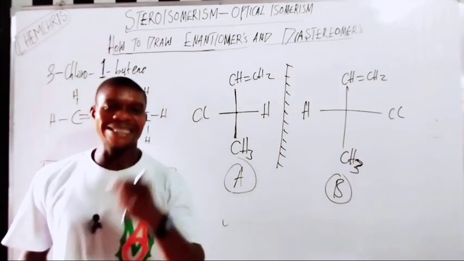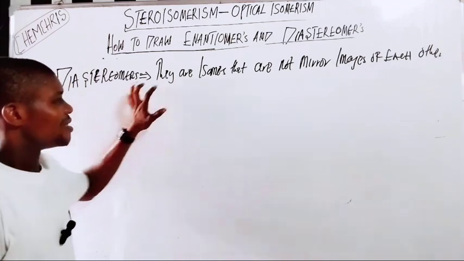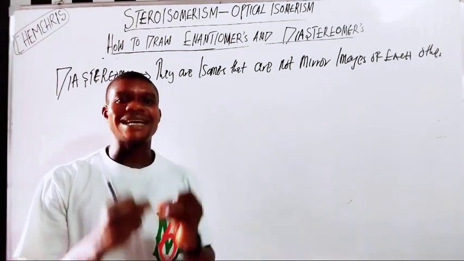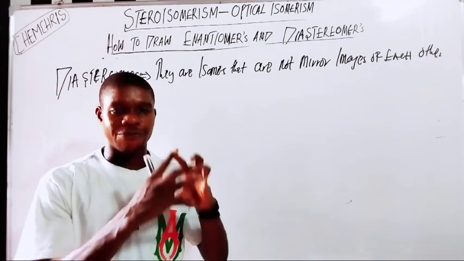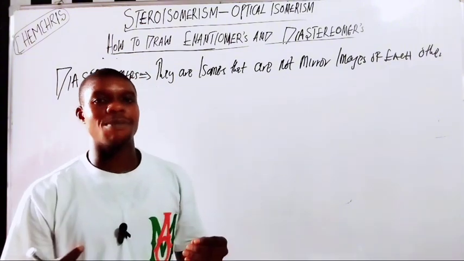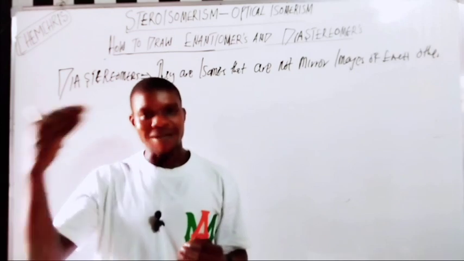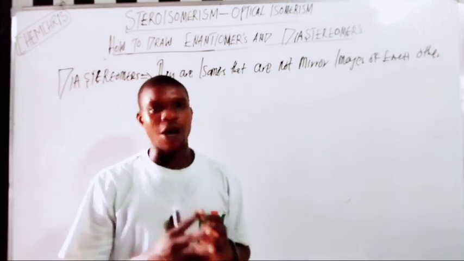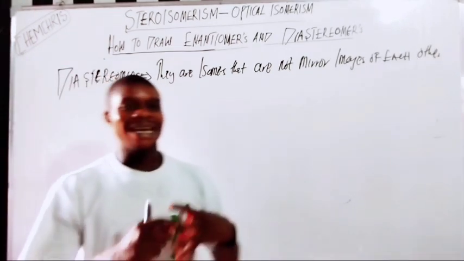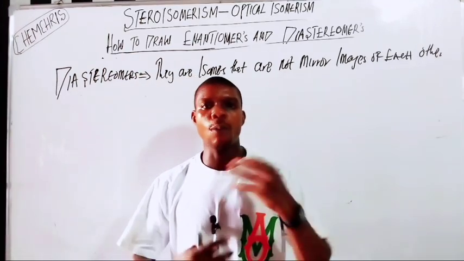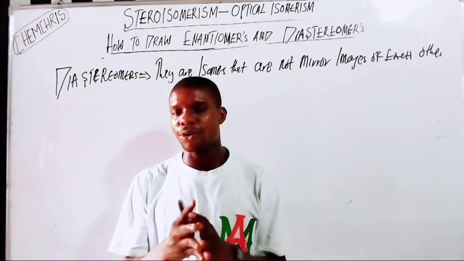Diastereomers are stereoisomers that are not mirror images of each other. You can only get diastereomers when a chiral molecule has two or more chiral centers, which I'm going to explain to you now.